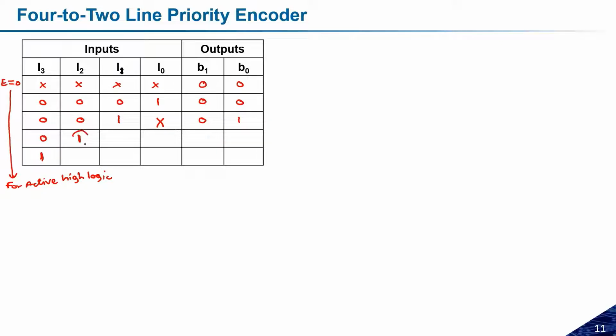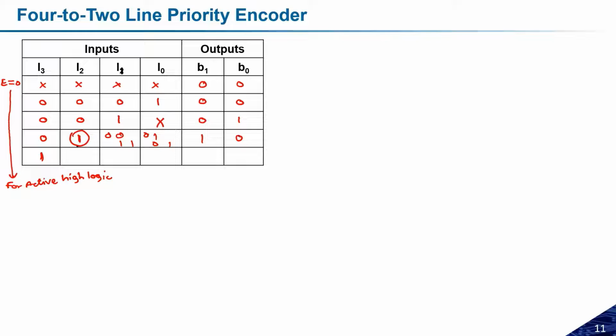If I2 is 1 and I don't care about the others, it could be 0, 0, 0, 1, 1, 0 or 1, 1. So in all 4 possibilities, I will get 1, 0.